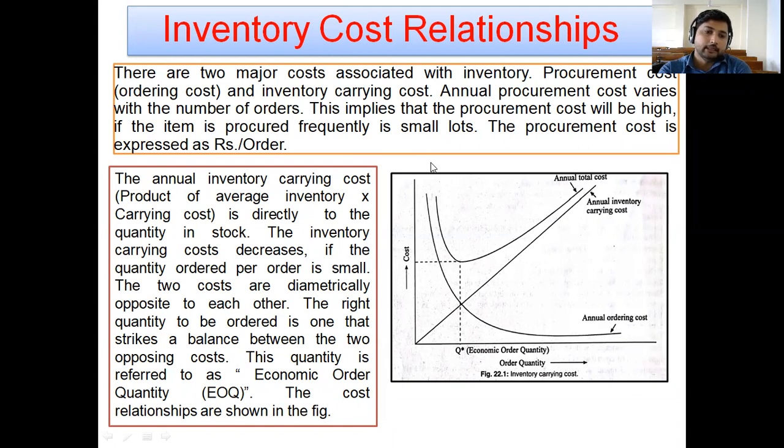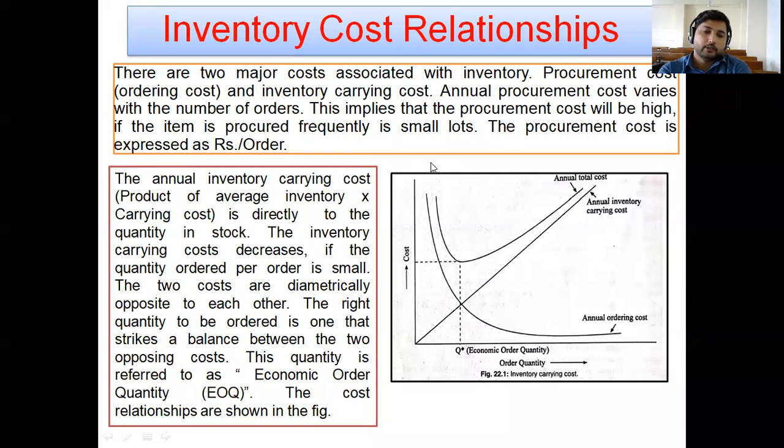The right quantity to be ordered is one that strikes a balance between the two opposing costs. Full stop.